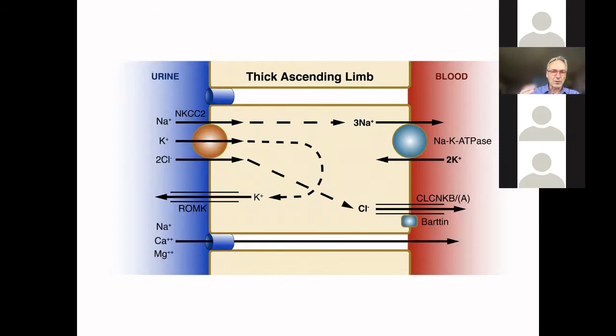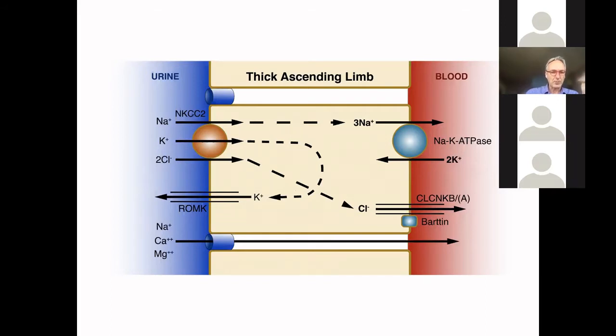And the gene encoding this transporter was the first gene identified as causing Bartter syndrome. The potassium that's coming in recycles. It goes straight back out through this potassium channel, KCNJ1 or ROMK, two different names for the same channel. And the gene encoding this potassium channel was the second gene to be identified as a cause of Bartter syndrome.